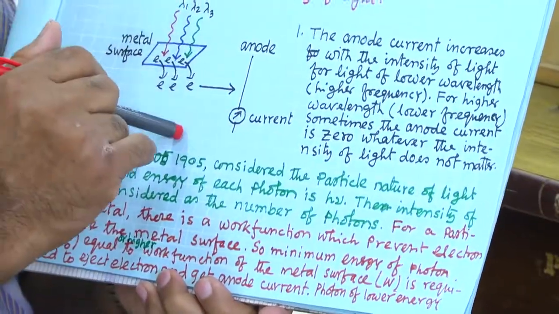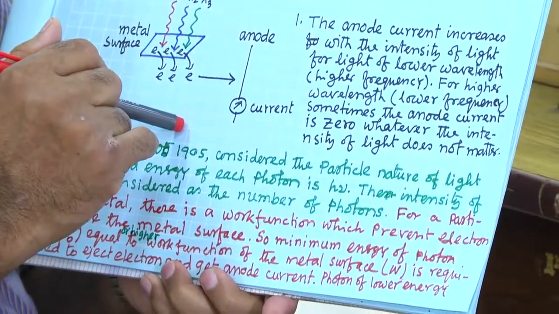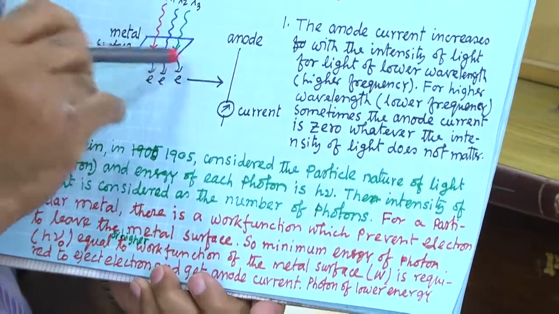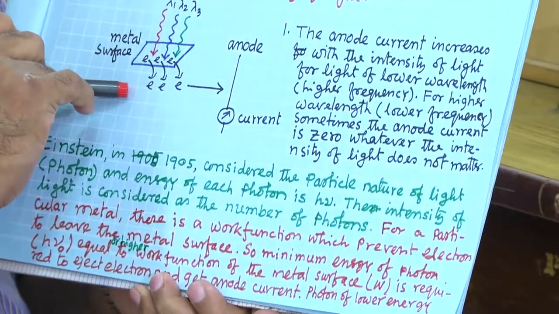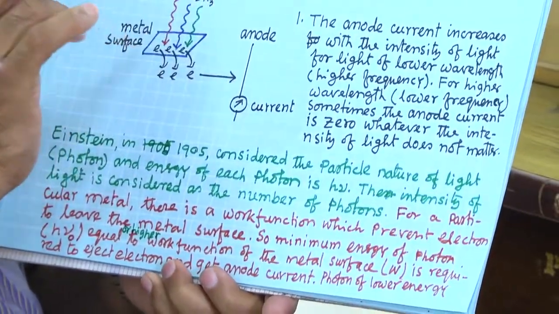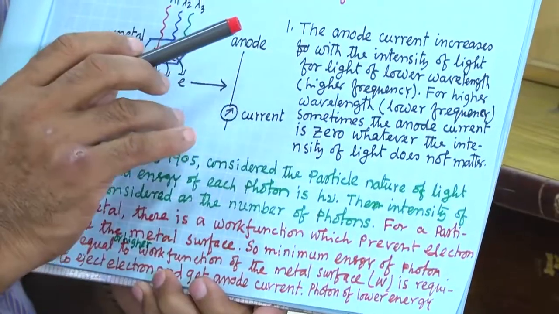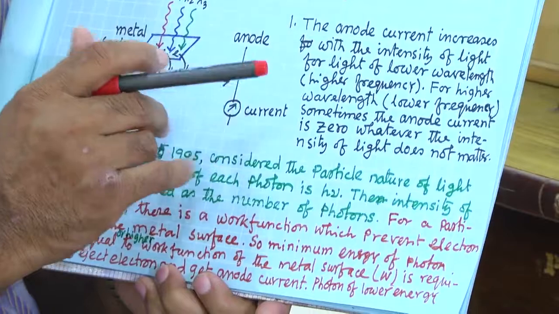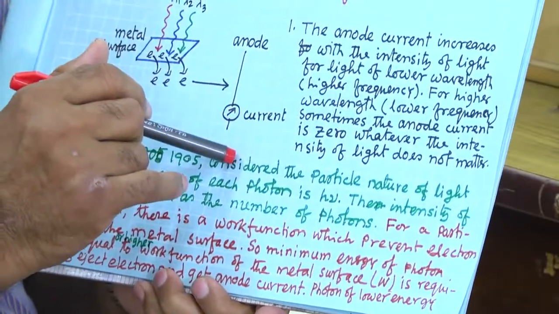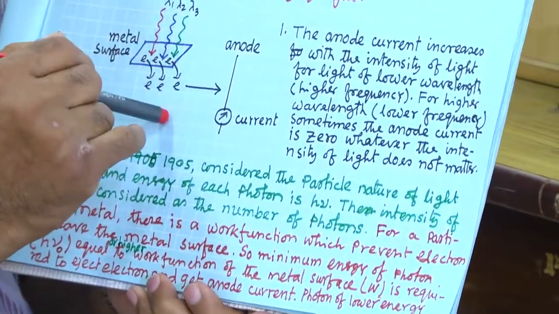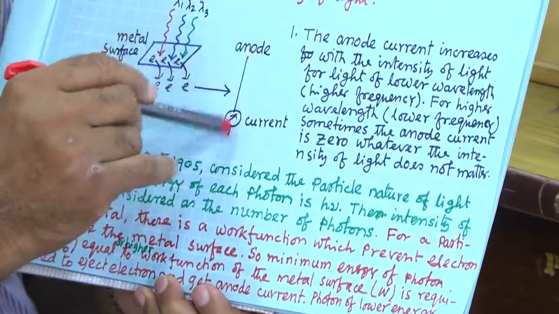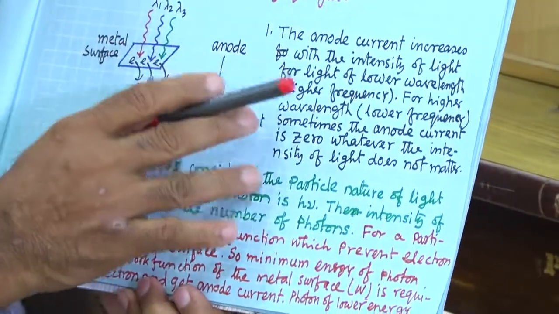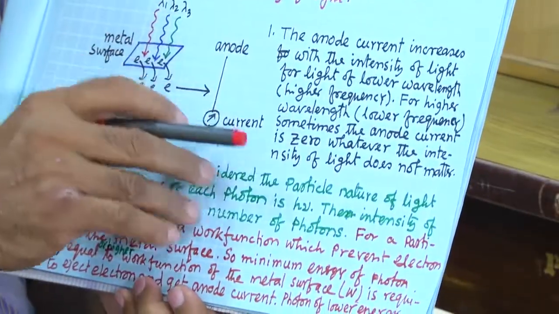It depends on the wavelength of the light falling on the metal surface. In this experiment, the anode current means the number of electrons. When sufficient anode voltage is given, it is assumed that all electrons will reach the anode.